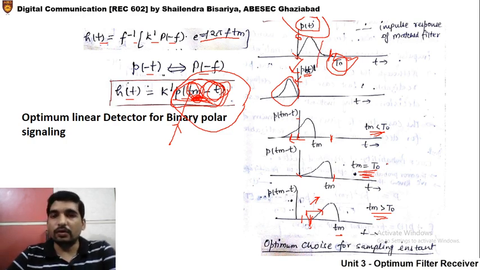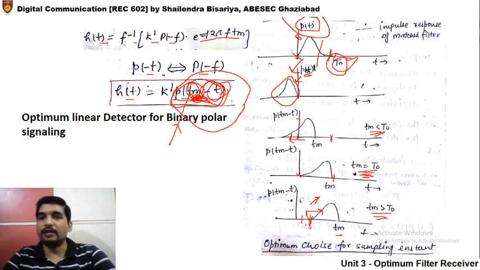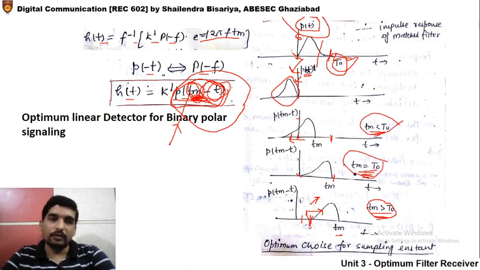So what is the best value for Tm: whether it should be greater than T0, equal to T0, or less than T0? We have to think about that. So let us proceed with what should be the optimum choice for sampling instant.